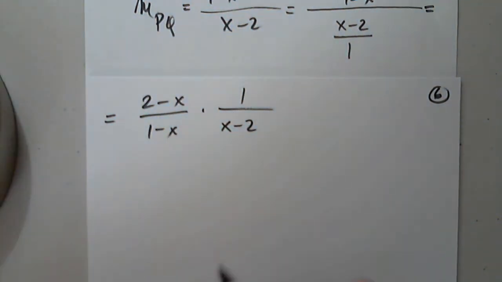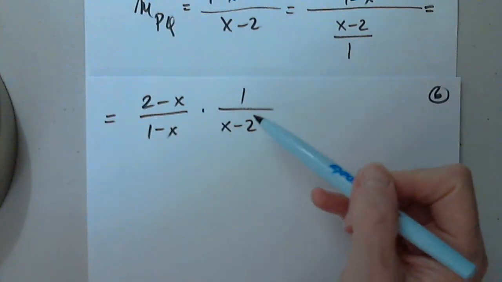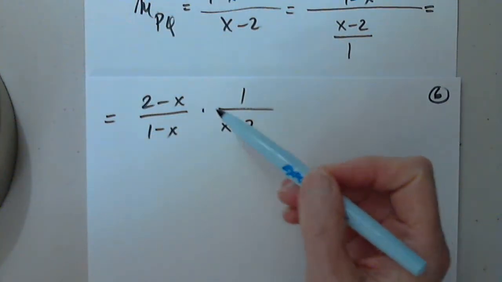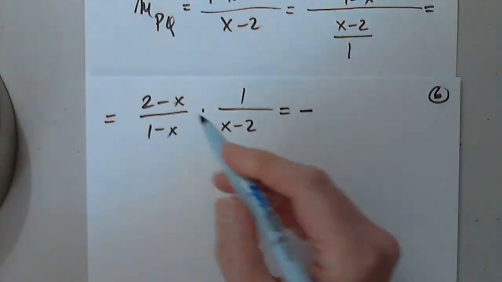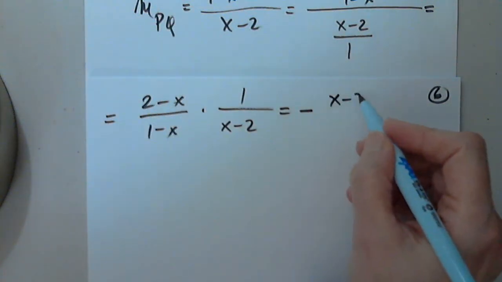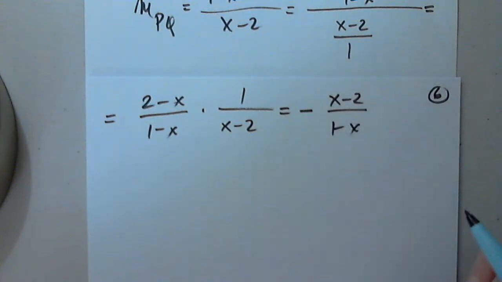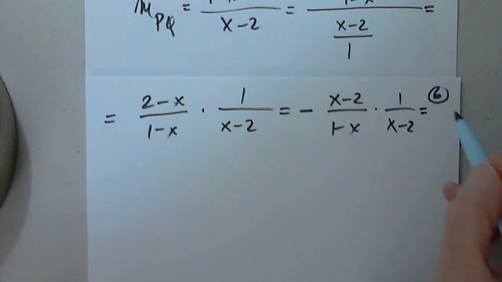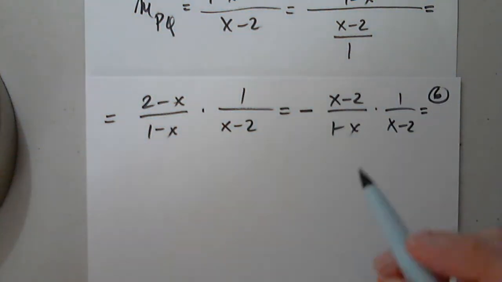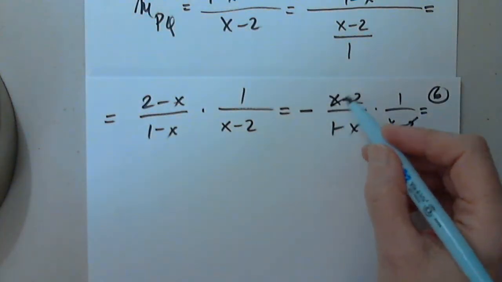Now, these appear to be the same, but the leading coefficient is negative, so I'm going to factor out -1 and change this into x minus 2 over 1 minus x times 1 over x minus 2. Is this okay so far? And of course, I'm going to simplify.